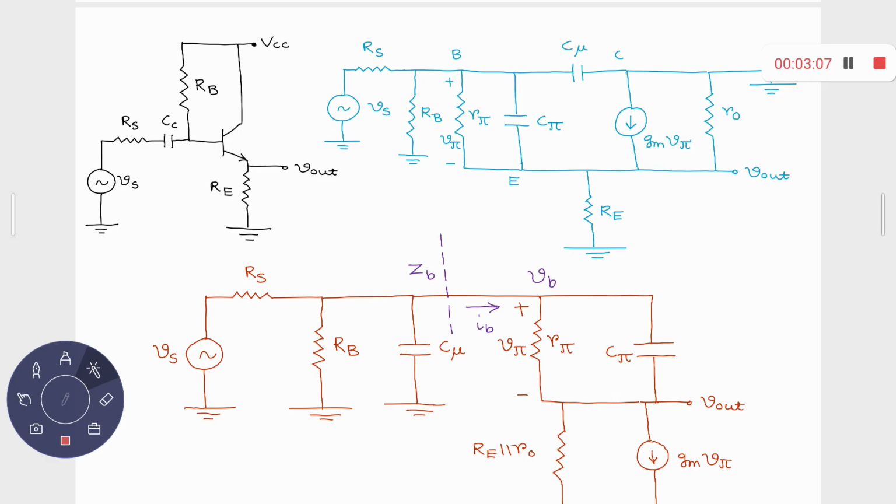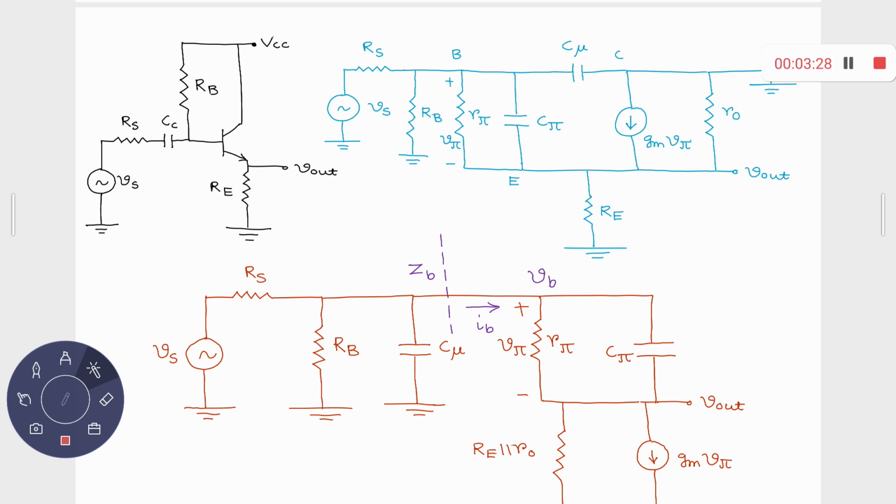So this is your base terminal. Between base and emitter, you have this r_pi, and then from collector to emitter, you have this g_m v_pi and this r_o. At this time, this collector is at AC ground because the collector is connected to your supply, right? And then from emitter to ground, you have this RE resistance. So that part is okay.